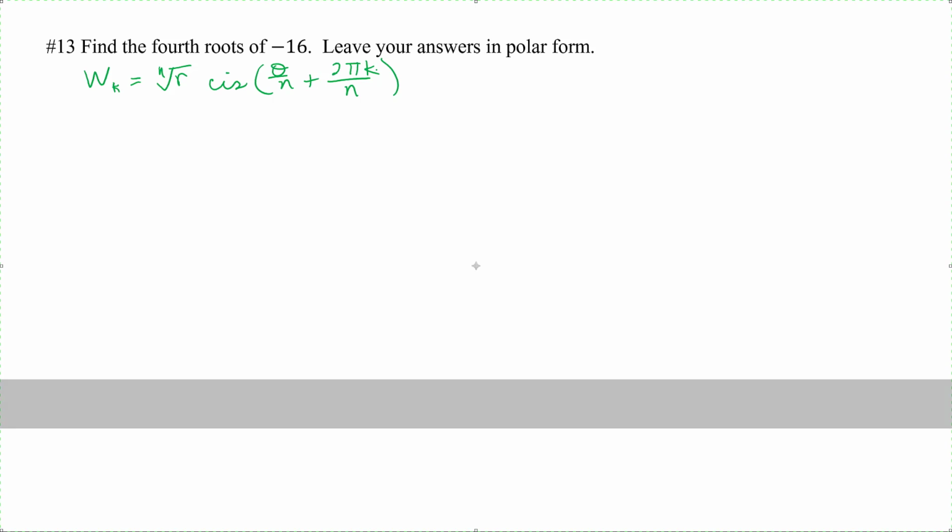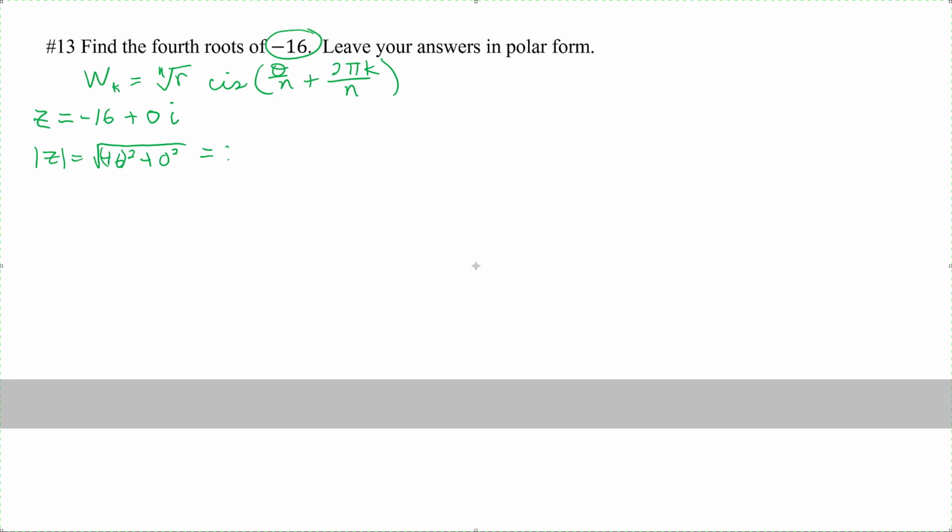For the number we're working with here, we have z equals negative 16. This is in rectangular form. You can think of that as negative 16 plus 0i if you wanted to. And so the modulus of z here would be the square root of negative 16 squared plus 0 squared.